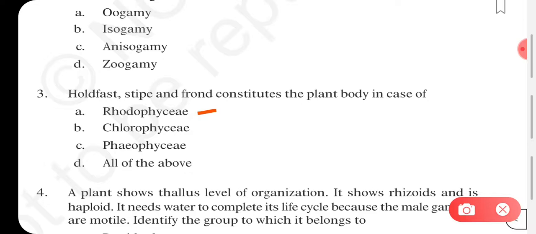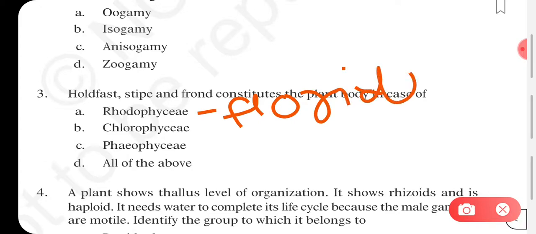They have a multicellular thallus, and the storage product, food in the form of starch, is called floridean starch. In Rhodophyceae the floridean starch is present, and it is a red algae because of the presence of the pigment R-phycoerythrin.